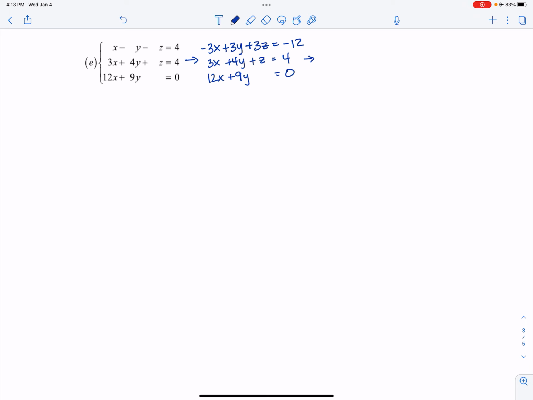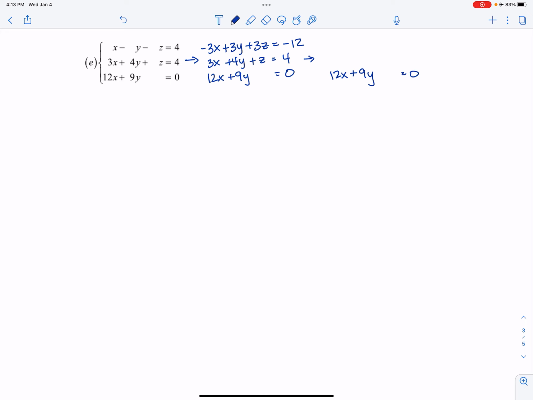And then if I add the first row to the second row, we'll have a 0x, so the bottom's going to stay 12x plus 9y, no z, equals 0.